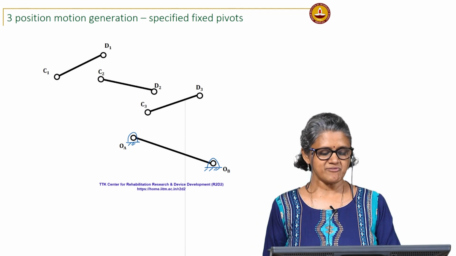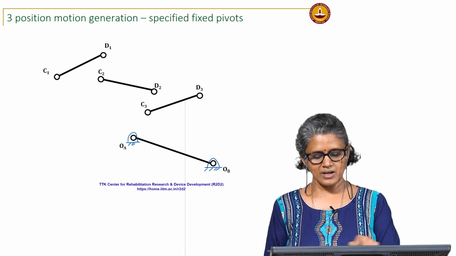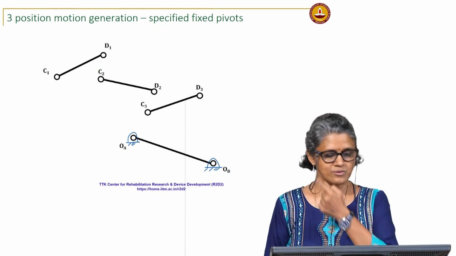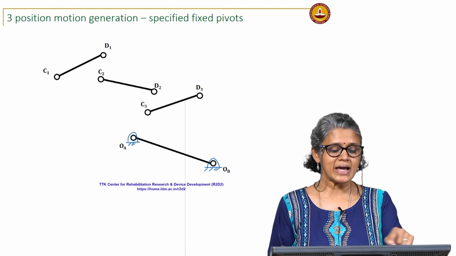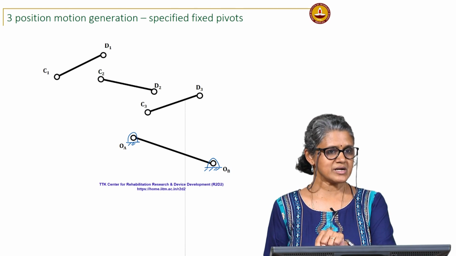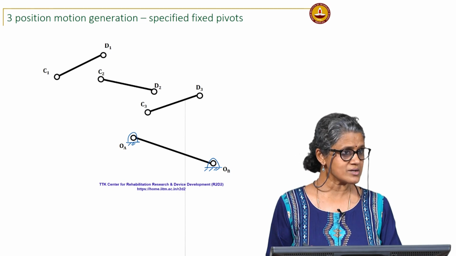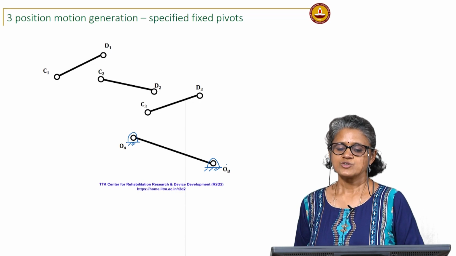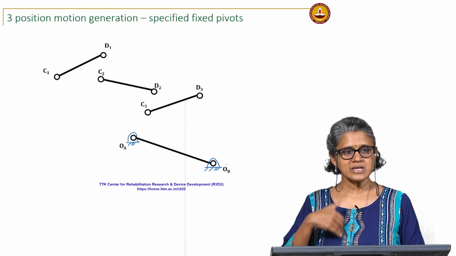It is very likely that if I connect OA to C1 and OB to D1, C1, C2, C3 will not lie on a circle with center at OA. Similarly, D1, D2, D3 will not lie on a circle centered at OB. The chances of that are pretty slim. So, basically you want to do the reverse of the problem.